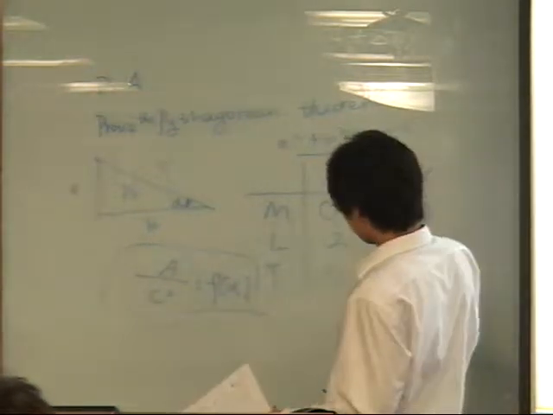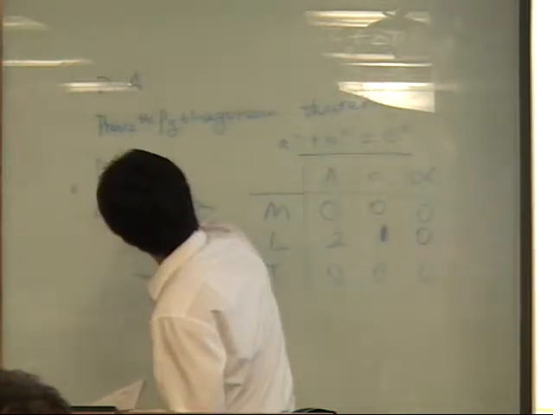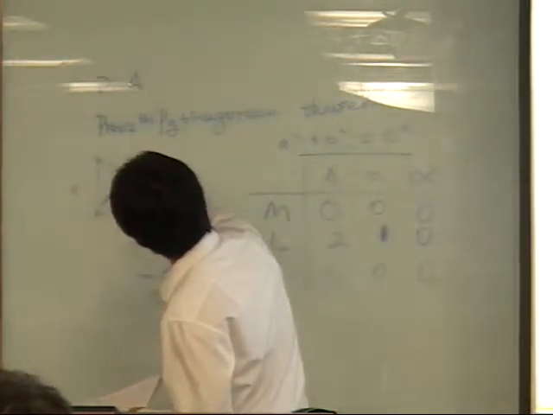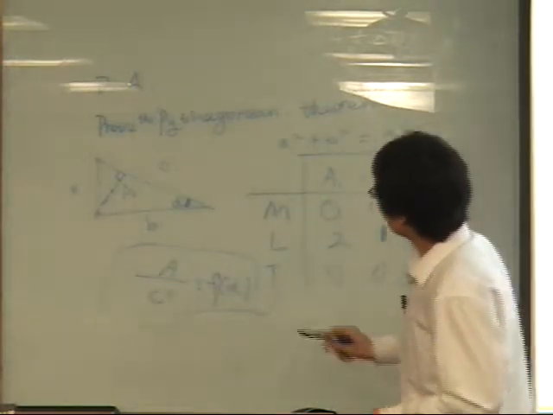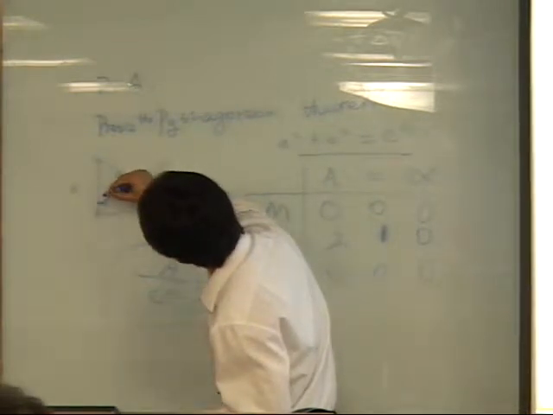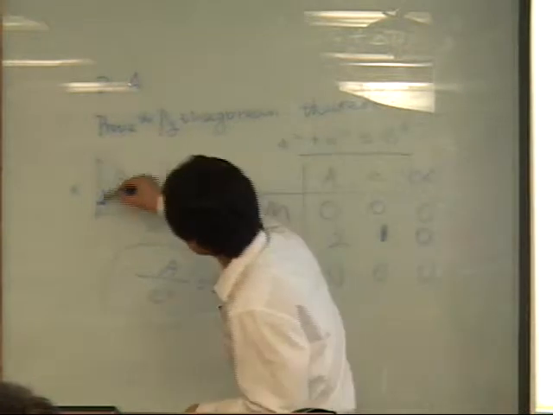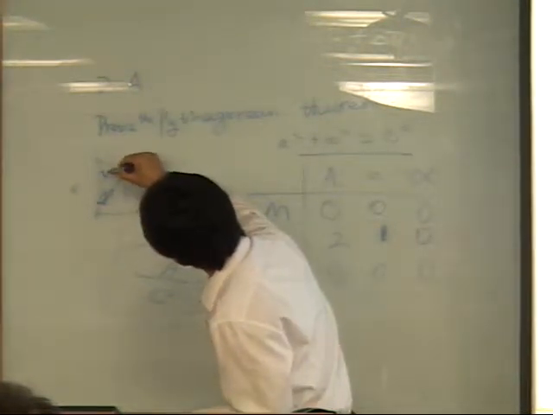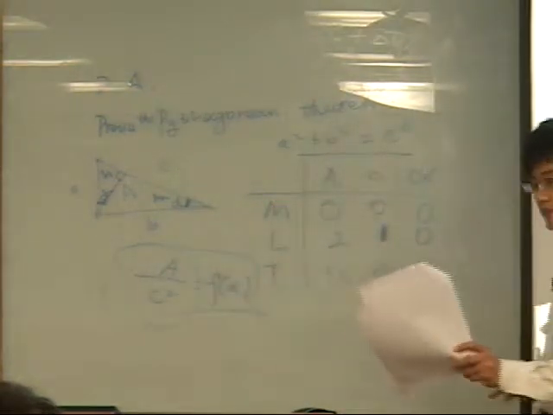So what are we going to do next? We make a virtual line perpendicular to this side of the triangle. So this angle is alpha, right? If we assume this area is A1 and this is A2, we do similar scalings.